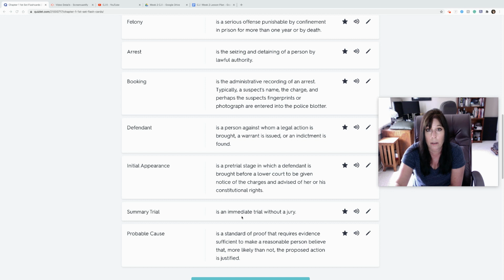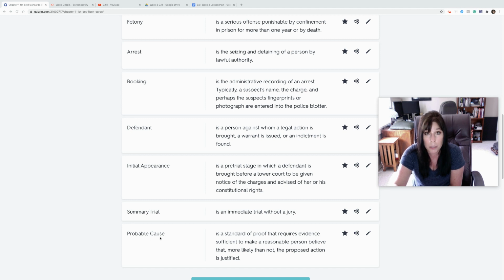And your very last term, this is the most important term that you will learn in criminal justice. And the term is probable cause. And there's a whole lot to talk about with this. We're going to talk about it nonstop for the next 2 years.